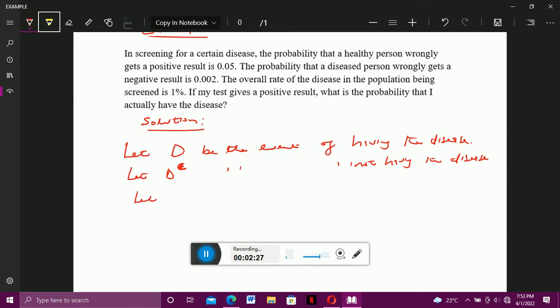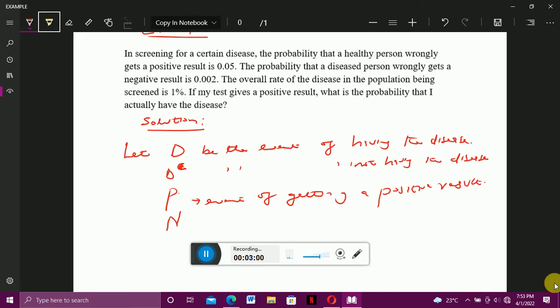Then we let P be the event of getting a positive result.